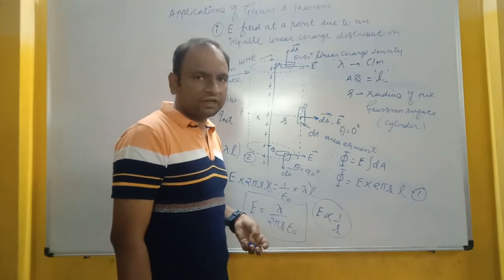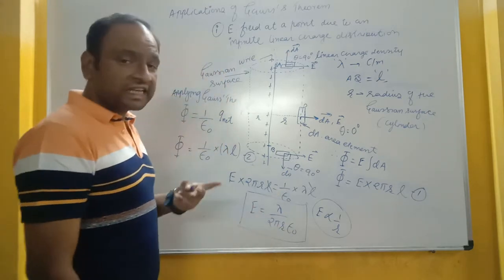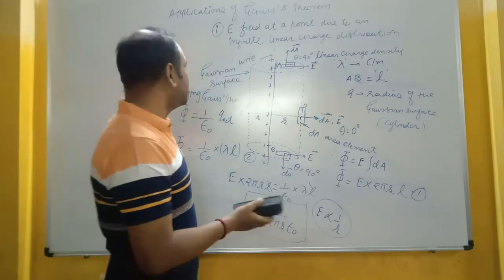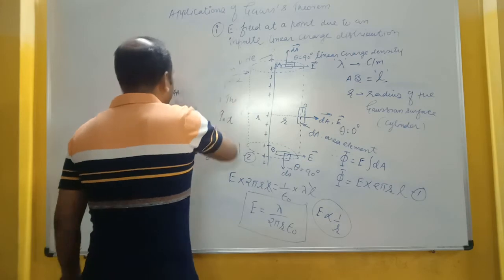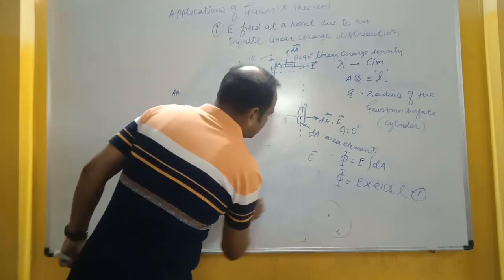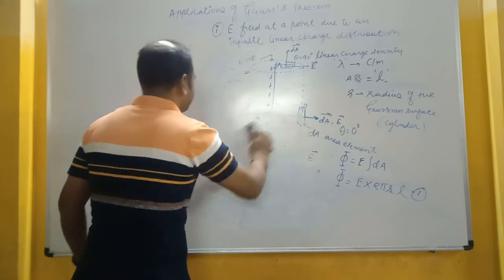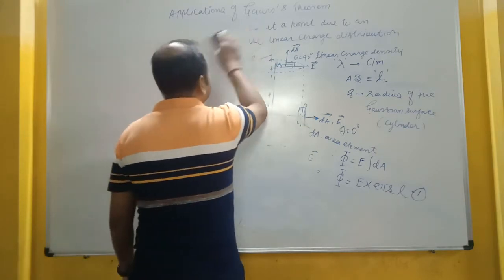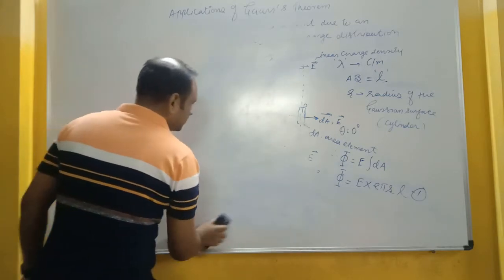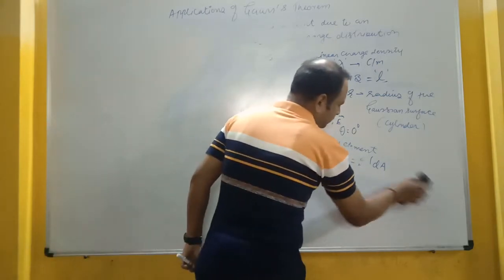Okay, now come to the second application, which is the electric field at a point due to an infinitely large plane sheet of charge. Let us now look at it. That would be the case of surface charge density.